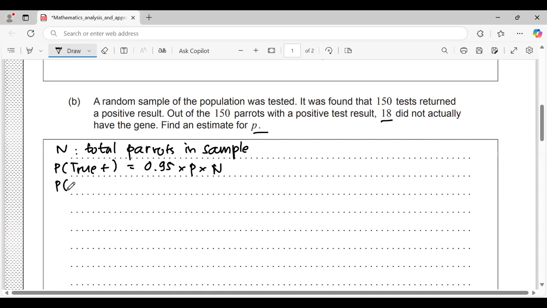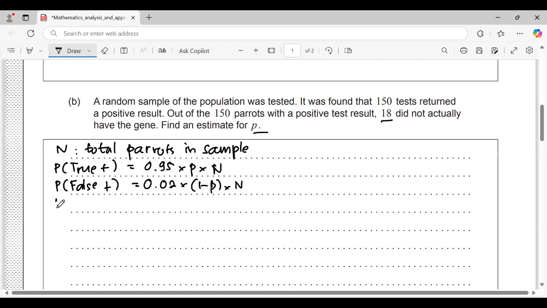And then the probability of false positive, it is 0.02 times 1 minus P times N. Okay.